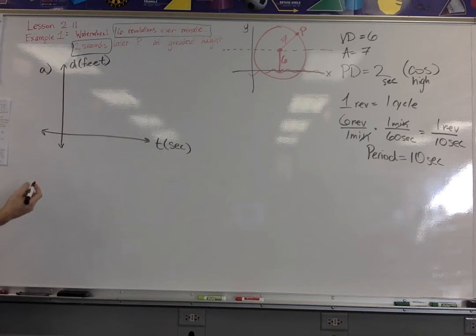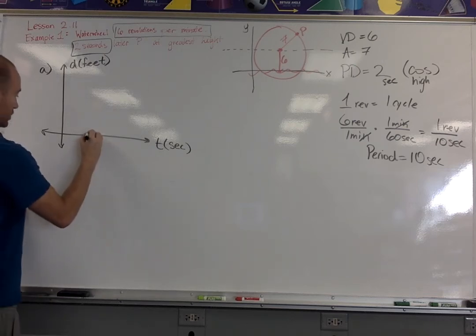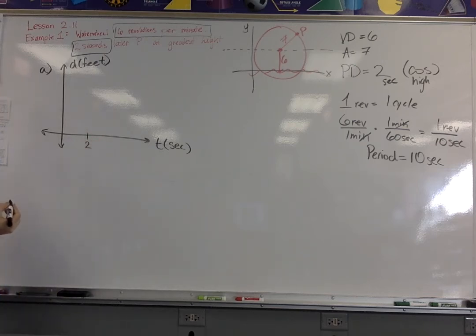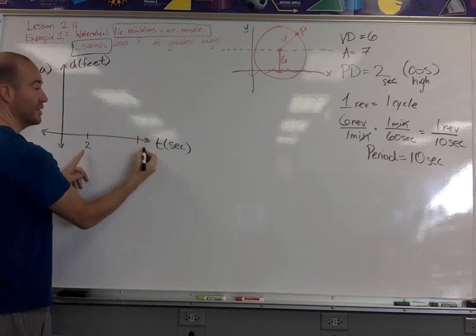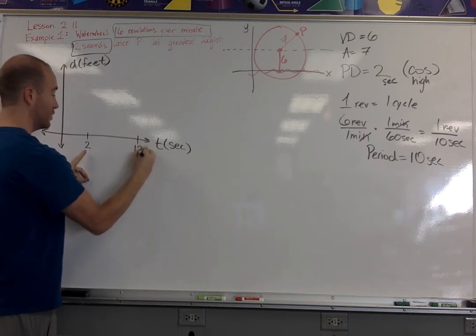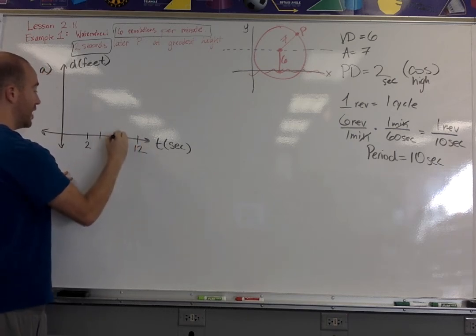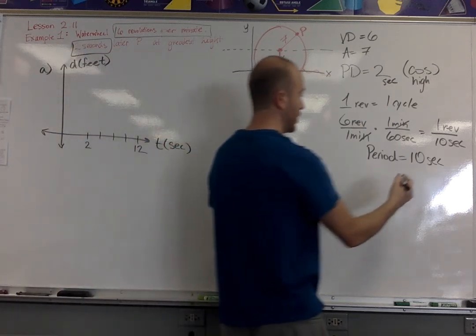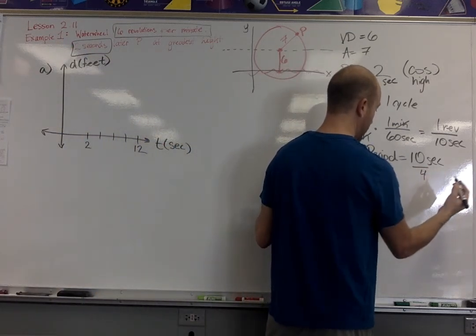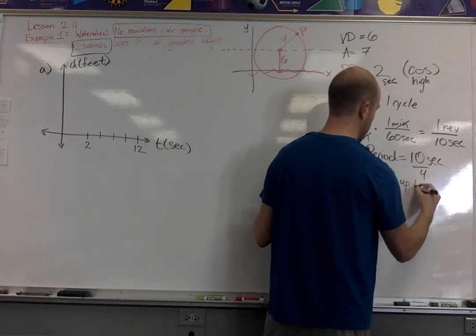So if my phase displacement is 2, that's going to be my starting x value. If the period's 10, that tells me I'm going to end 10 units later, 10 seconds later, which would be 12. And remember, I want 5 critical points. So the same thing that we did before, if we take our period divided by 4, that tells me what I'm going to go up by.